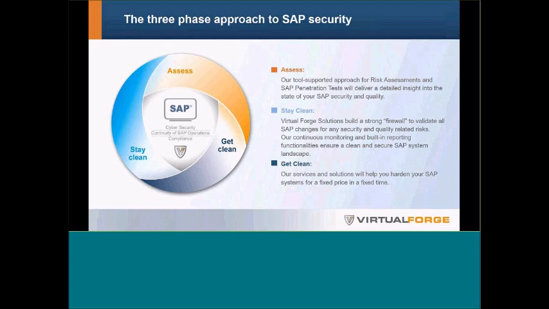A lot of security companies have a variation of these things, but it's still valid no matter how you call it. So first of all, get an overview of what you actually have, or what the status of your security is. In that case, SAP systems.